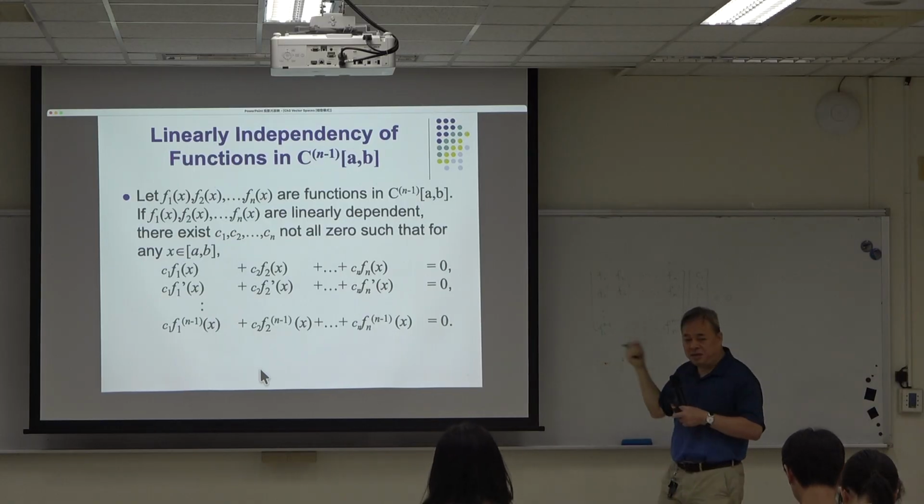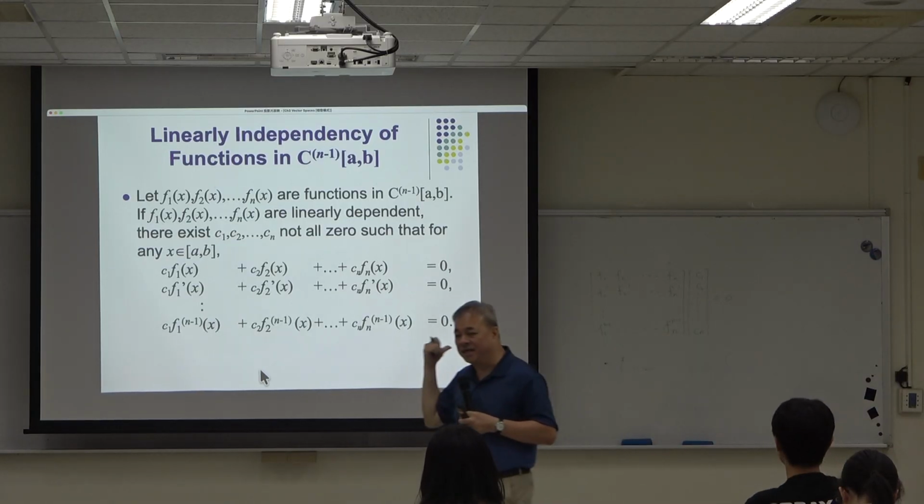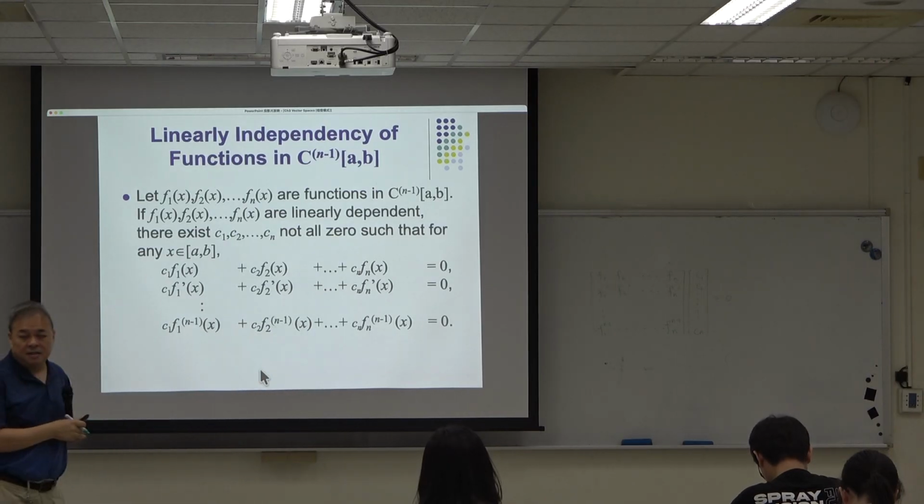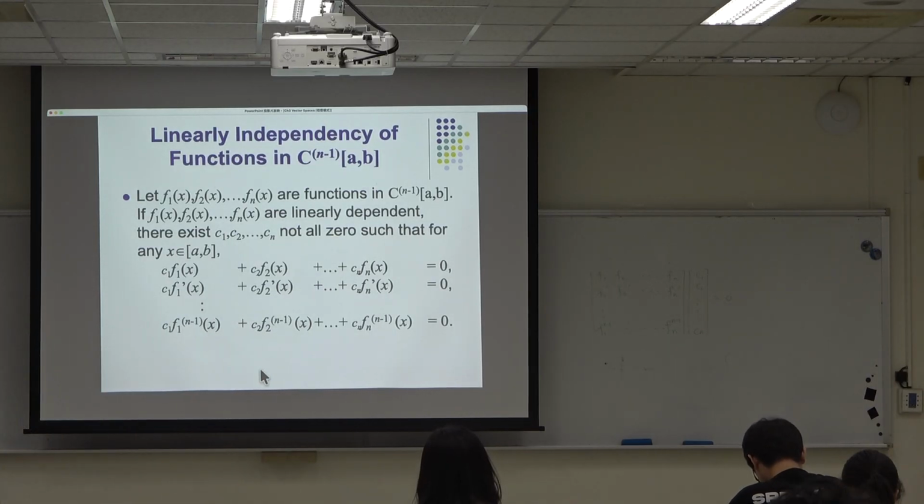If you write it in the matrix, the full matrix looks like what I wrote here, right? I basically just rewrite this as n rows in the form of a matrix.